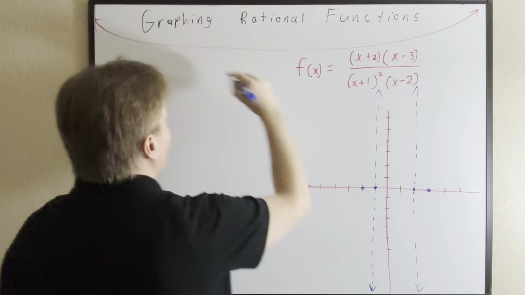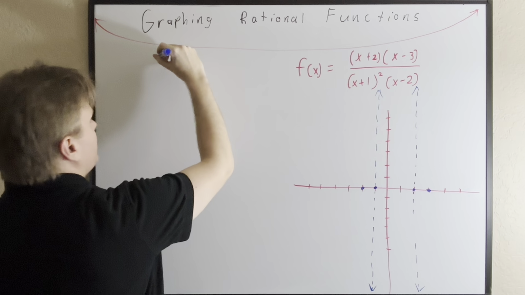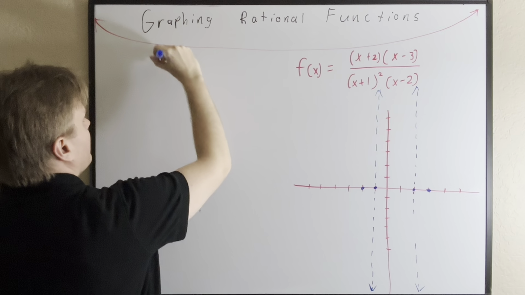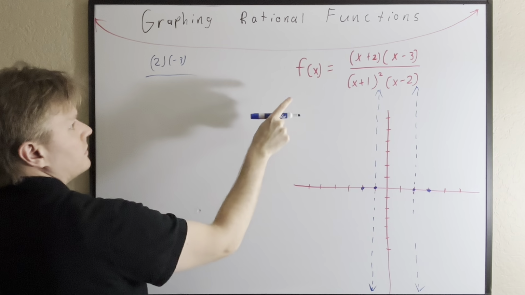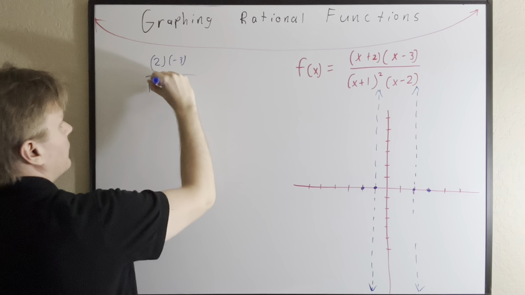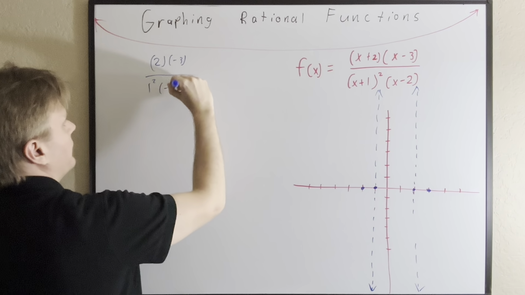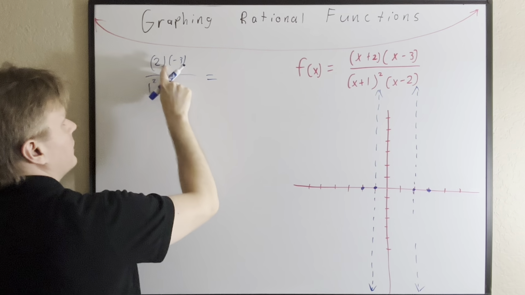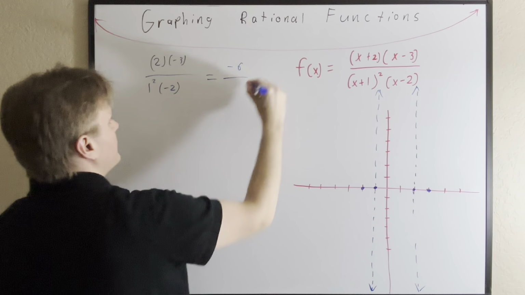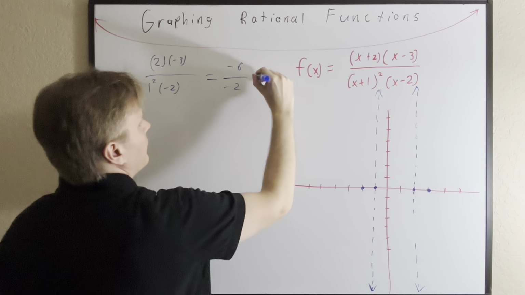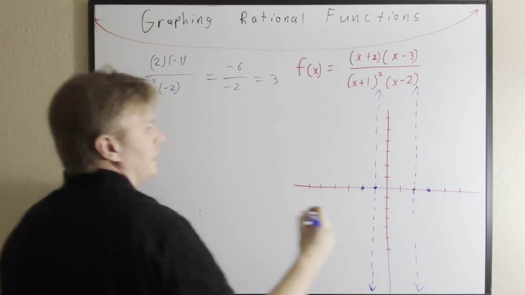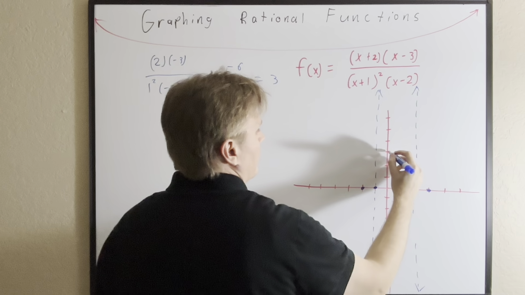Y-intercept, put a 0 in for all the x's, so 0 plus 2, 0 minus 3, 0 plus 1, 0 minus 2, right? 2 times negative 3, negative 6. 1 times negative 2. So positive 3 is our y-intercept.